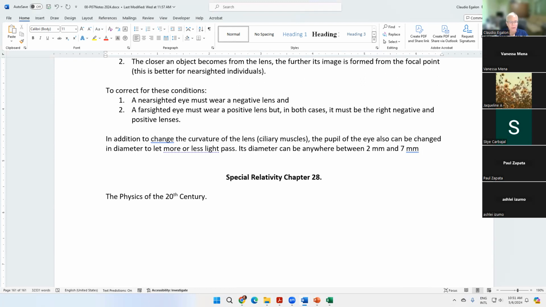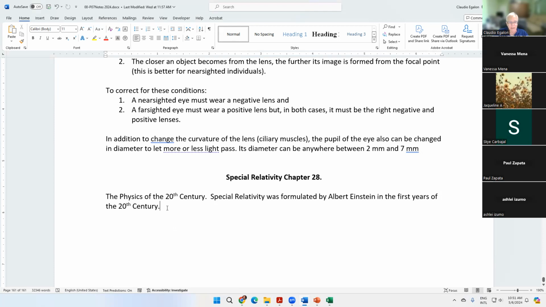But now we are going to start talking about something special, special relativity, which was developed by Albert Einstein. Special relativity was formulated by Albert Einstein in the first years of the 20th century.